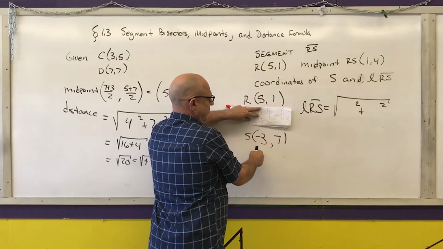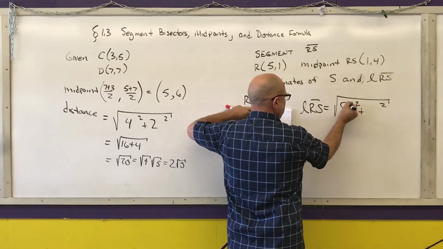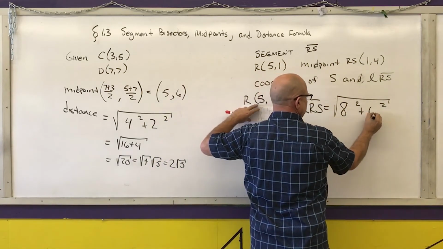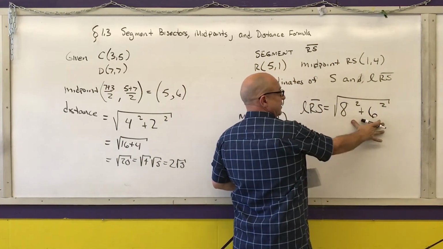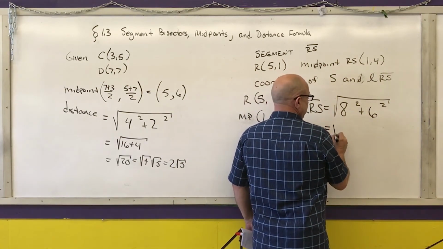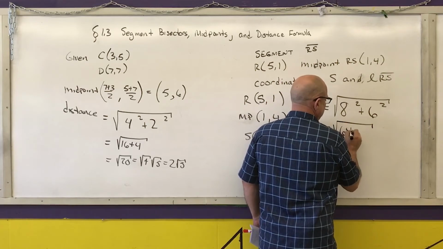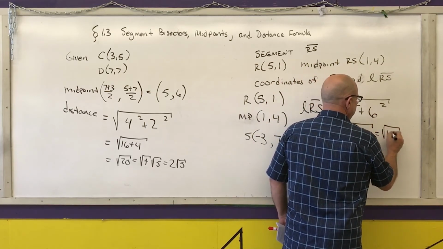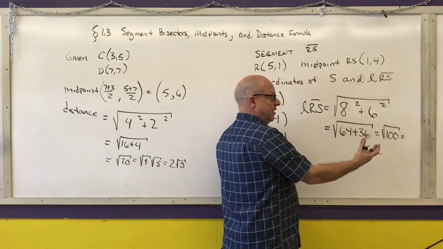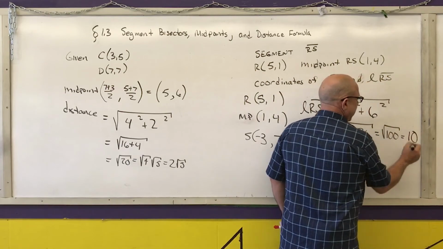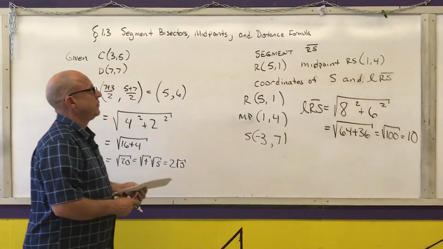Between 5 and -3 are 8 units. Between 1 and 7 is 6 units. That's the C answer right there. Now, I get the square root of 64 plus 36, which is the square root of 100. And because it's a distance, I only need the principal root. That's why I didn't put plus or minus. And that is equal to 10 units of length.